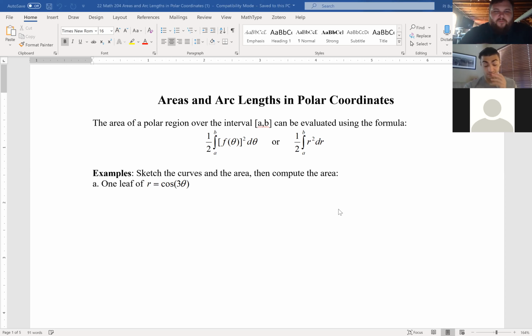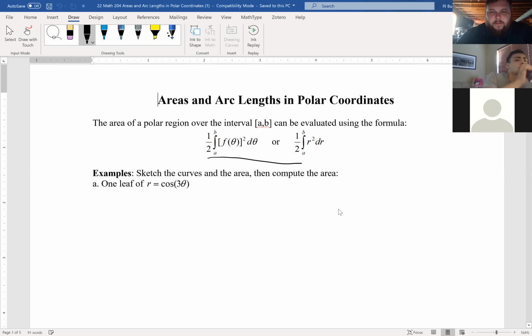And so we've got these two forms here. The one that we will most likely use is going to be the first one here, because our functions are going to be given to us in terms of theta. So we're going to want to integrate in terms of theta.